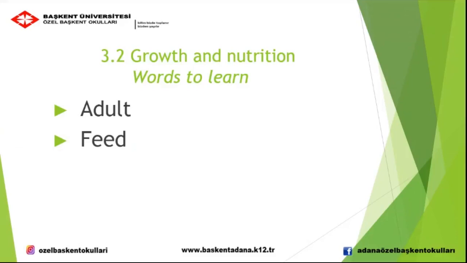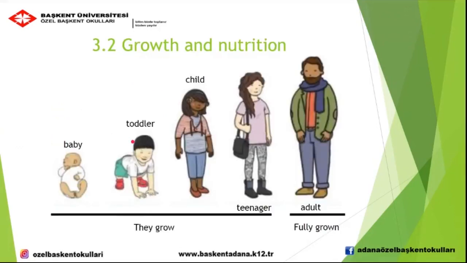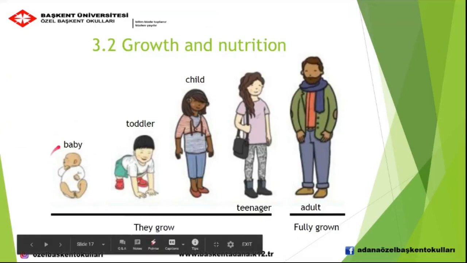Growth and nutrition. In this topic, the words to learn are adult and feed. As we grow and become bigger and older, we go through different phases. We always start being babies.